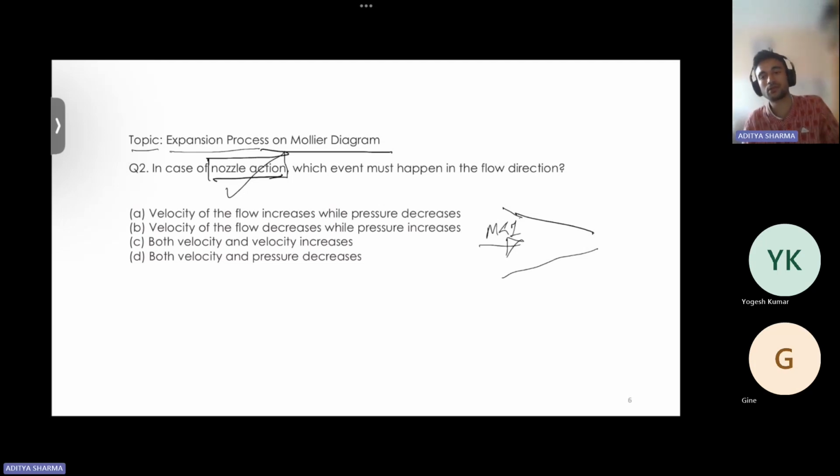In that case, obviously the flow velocity increases, but it happens at the cost of pressure decrease. So you both are correct. Option A is correct.